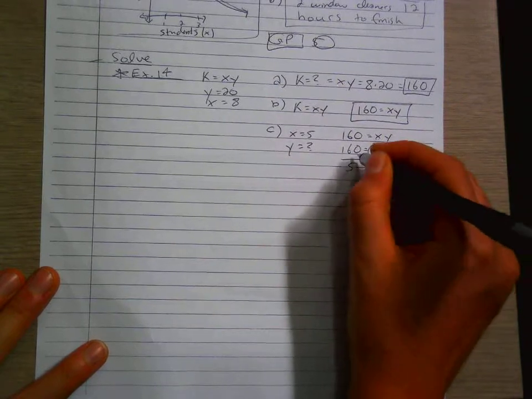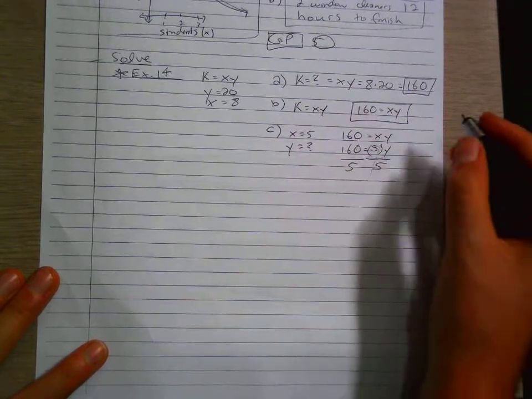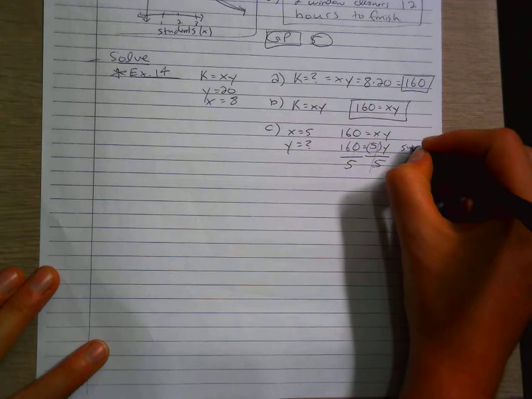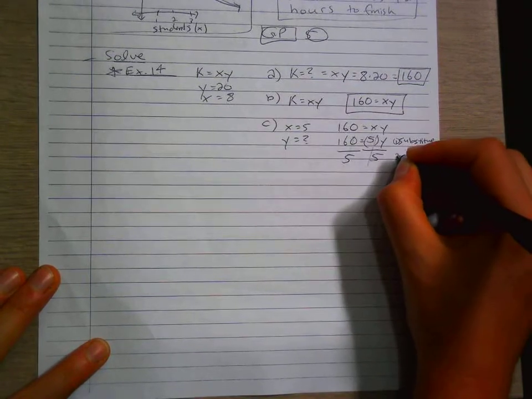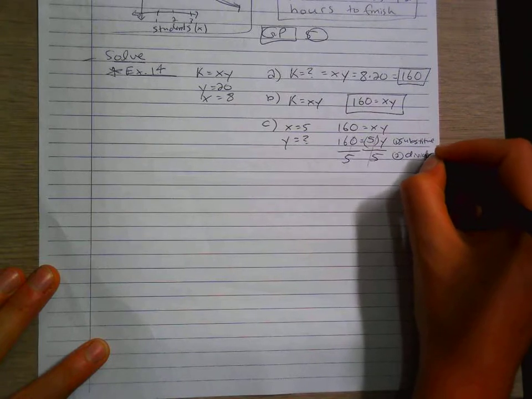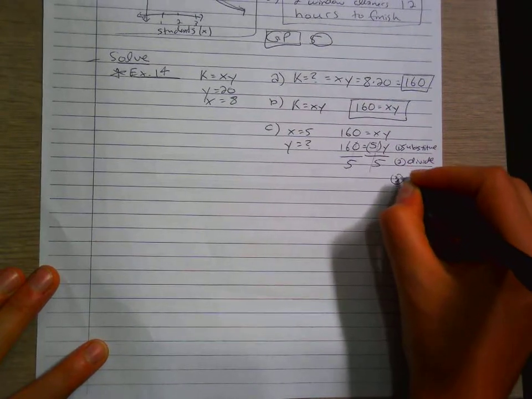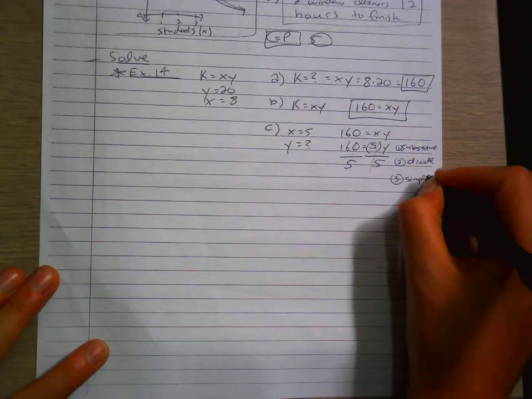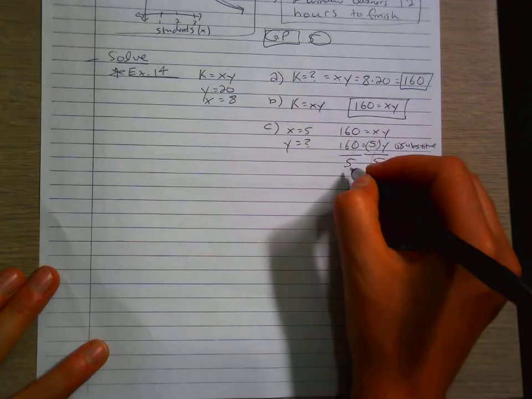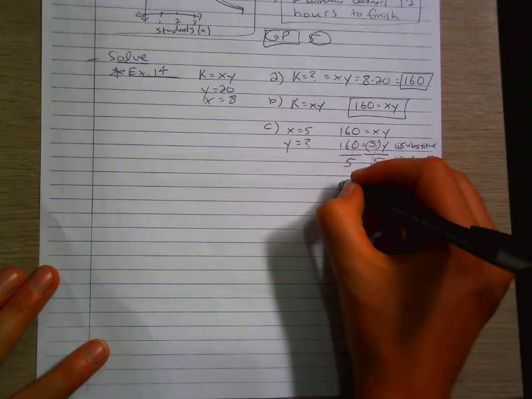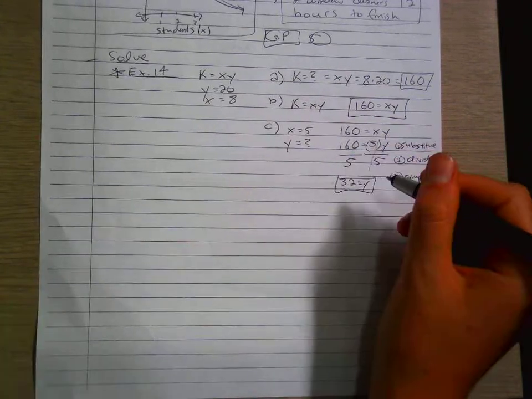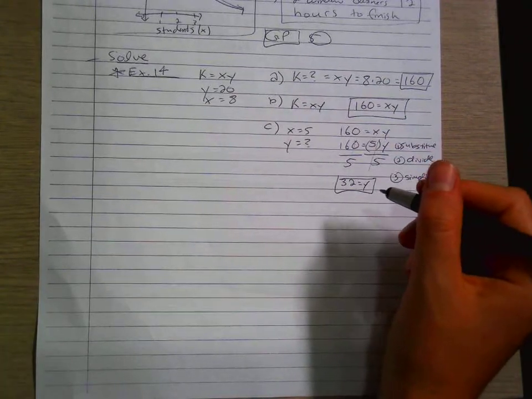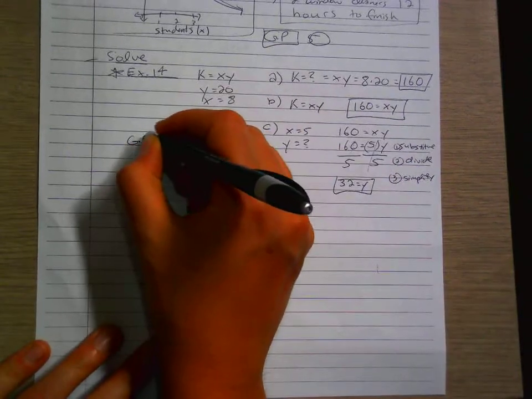Those cancel. So we substitute first. 2, divide. 3, simplify. 160 divided by 5 happens to be 32. So y is going to be equal to 32 in this situation. Try that on guided practice 6.